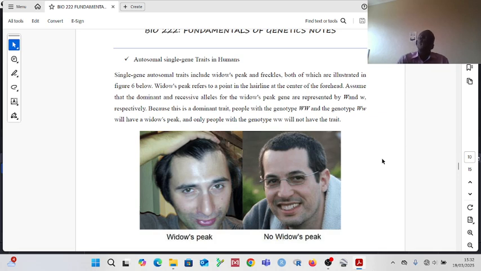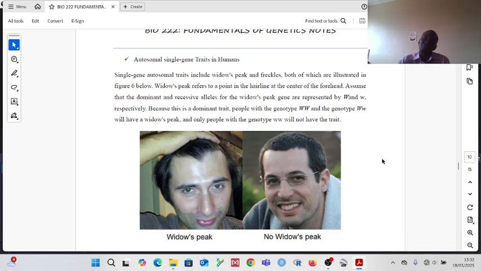Someone who is homozygous dominant will have WW. A heterozygous will be capital W, small w.